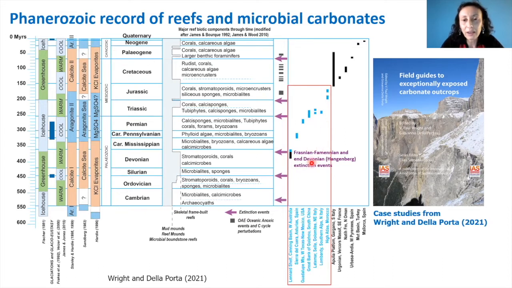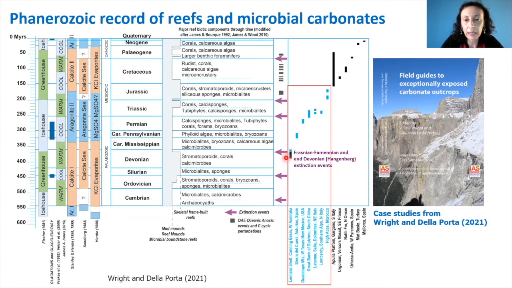And I have compiled this diagram to show how this microbial dominated carbonate platform developed in a general global context, mostly occurring during periods of important extinction events, here indicated with this arrow in purple.